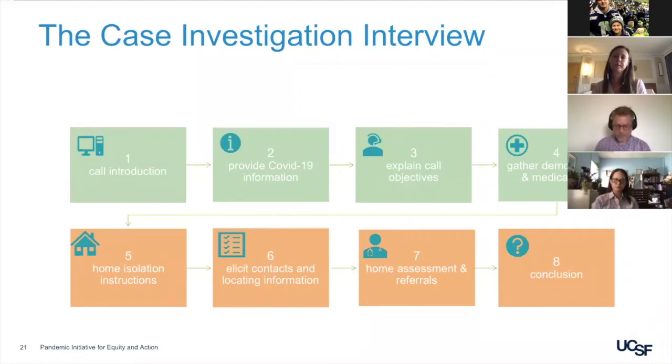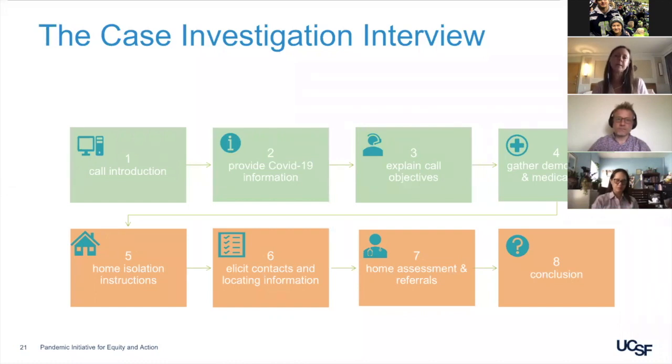And with eliciting the contacts, for example, if someone tells you that their partner is one of their contacts and is in the household with them, then the next step would be the contact call, which has a different script focused on quarantine, as the objectives are a little bit different.